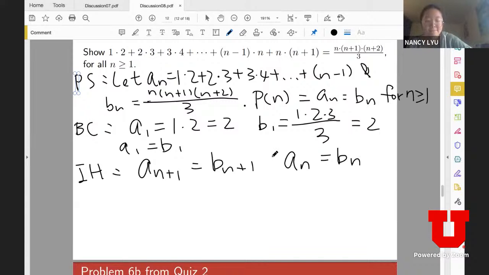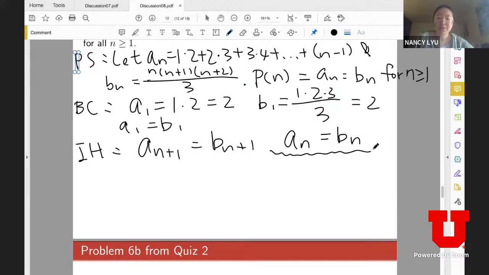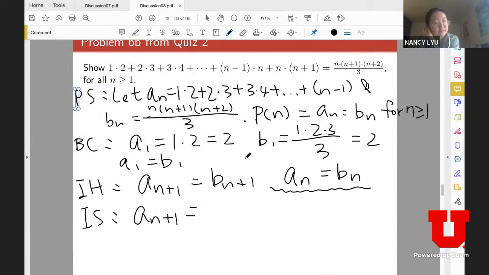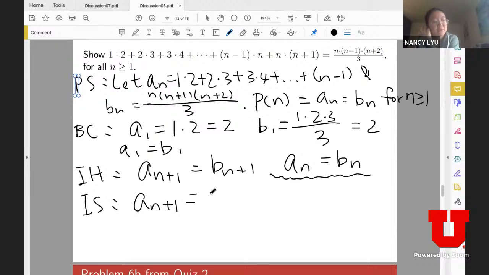Okay. I'll just start from this one, A_n equals B_n. Then for the inductive step, we want to start with A of n plus 1 and do some algebra to eventually get A of n plus 1 equal to B of n plus 1.